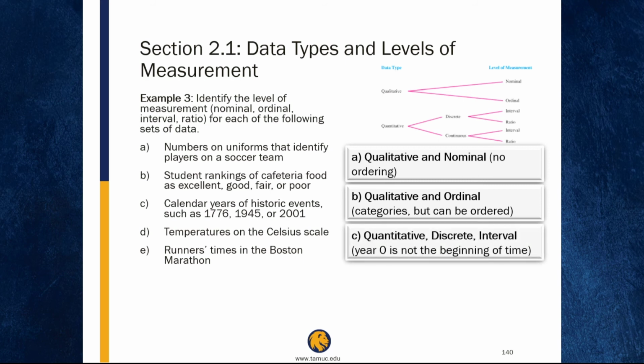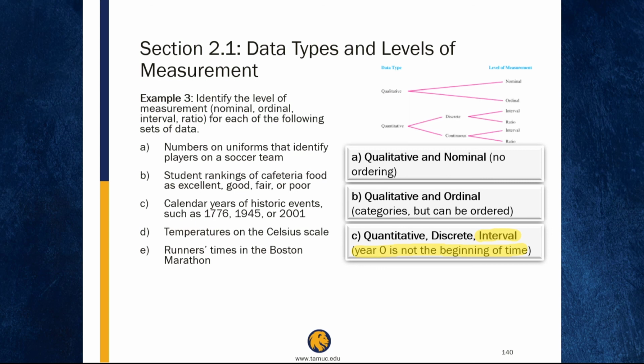In this case, it'll be interval because year 0 is not the actual beginning of time. So it's quantitative, discrete, and interval level of measure. Again, 0 is arbitrary here for year 0 rather than the beginning of time. It's just chosen at an arbitrary point. So that's what makes it into the interval level of measure.